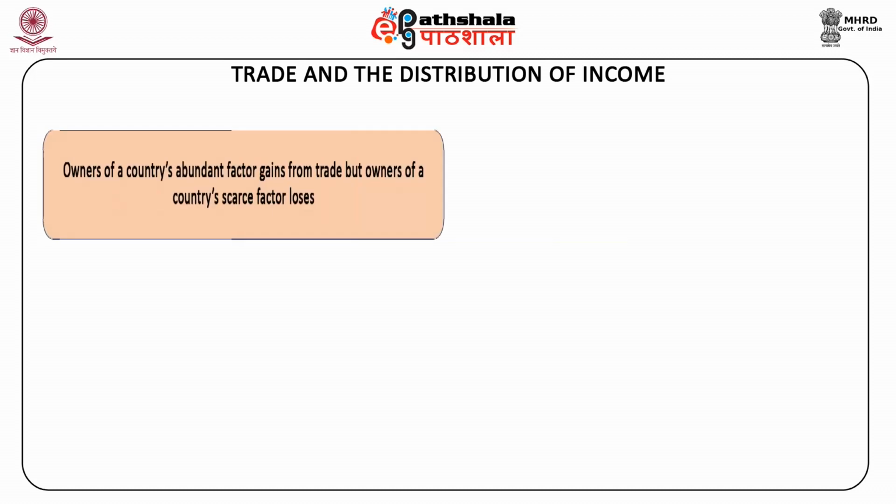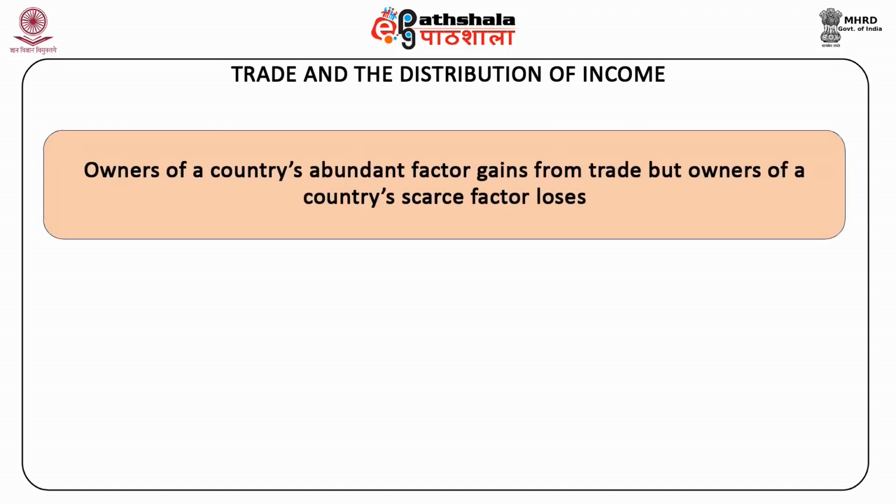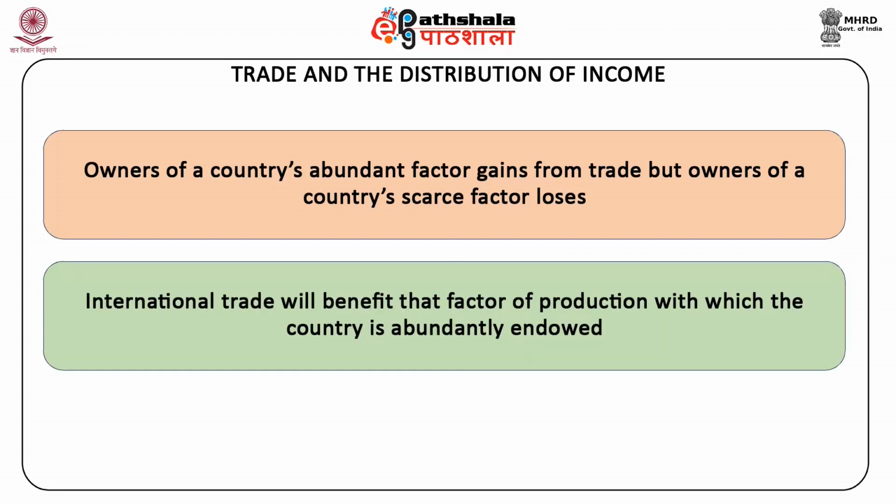Hence, owners of a country's abundant factor gain from trade, but owners of a country's scarce factor lose. Thus, international trade causes a redistribution of income from the relatively expensive or scarce factor to the relatively cheap abundant factor.